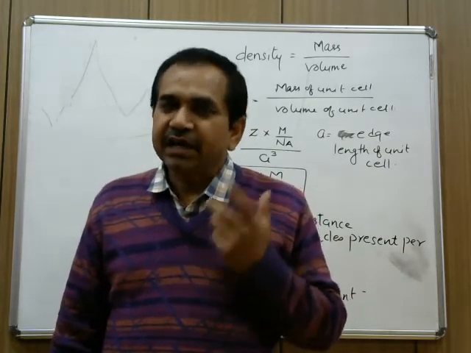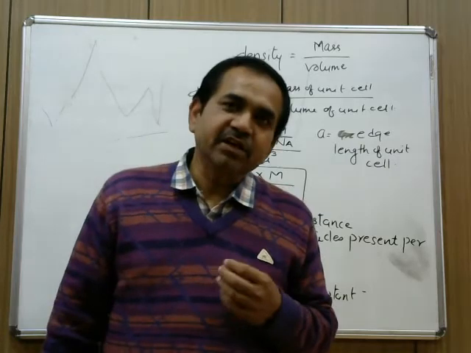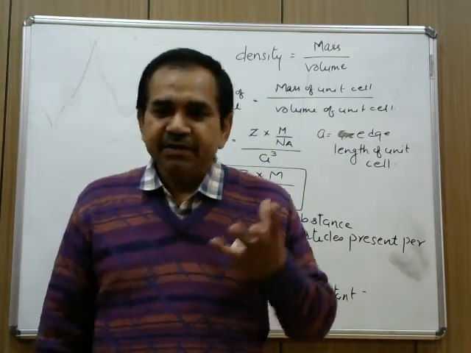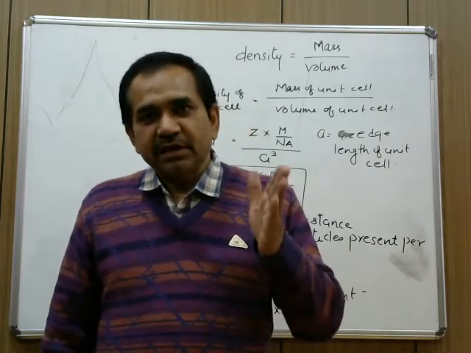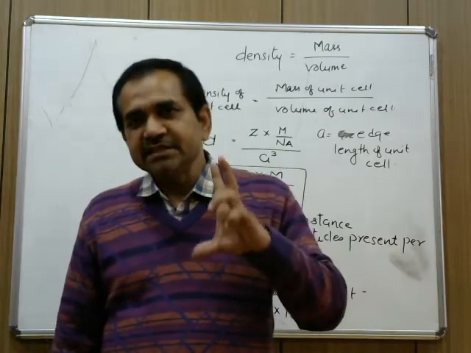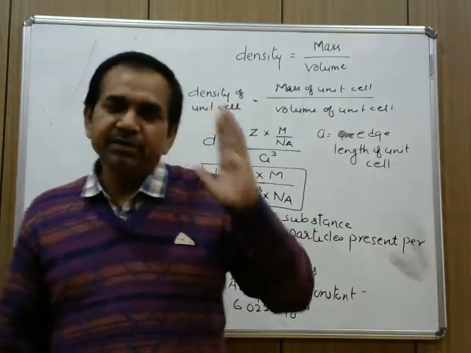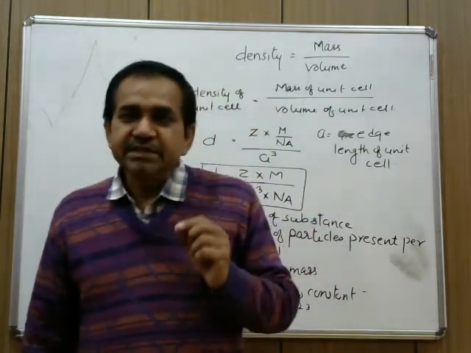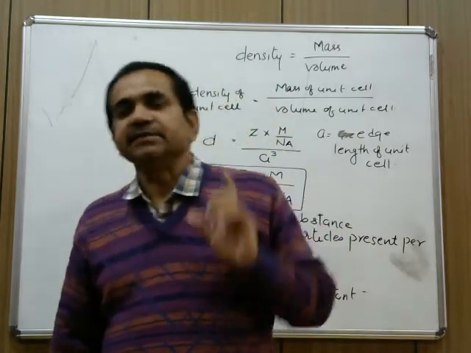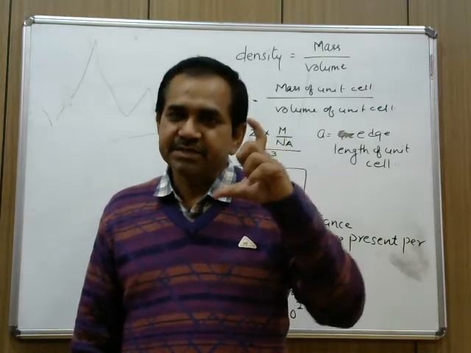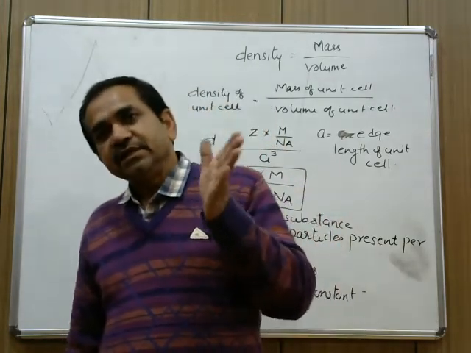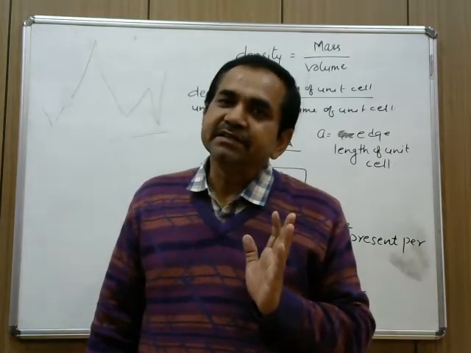Then I told you how packing efficiency of a simple cubic unit cell can be calculated. This is a simple process. These things you have to keep in your mind. First you have to find out the value of A in terms of r, the radius of sphere, so that the volume of unit cell can be calculated.